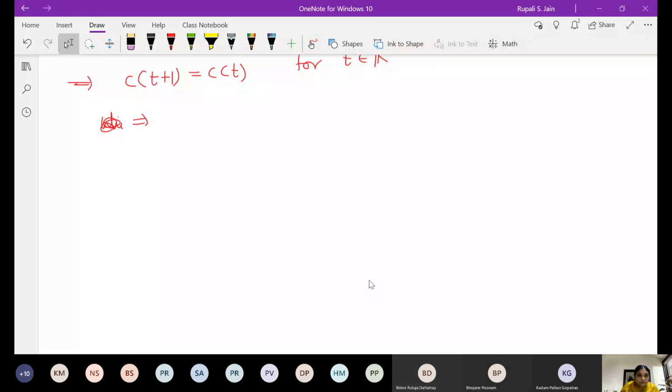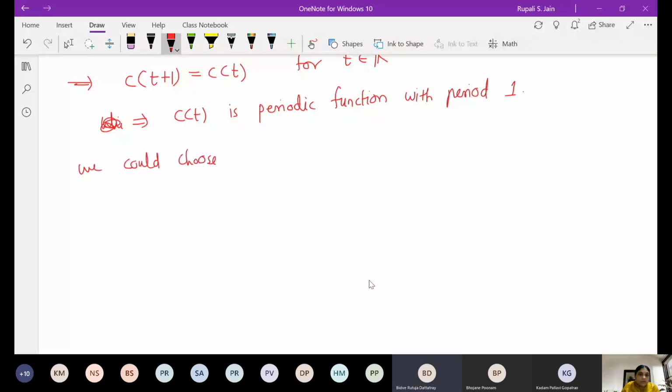This implies c of t is a periodic function with period 1. So which are such functions? We could choose c of t equal to 2 times sine 2 pi t, or any other.